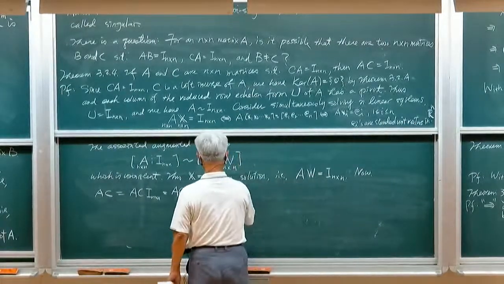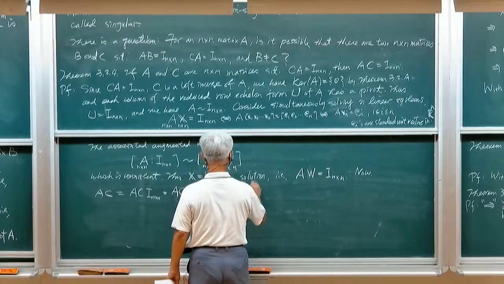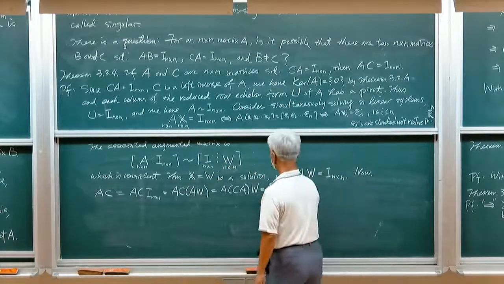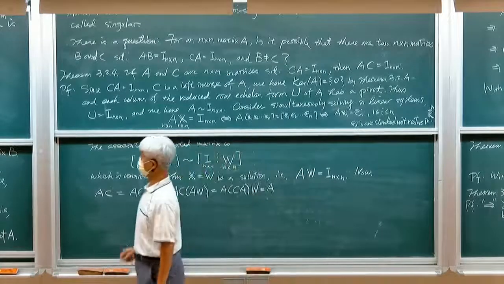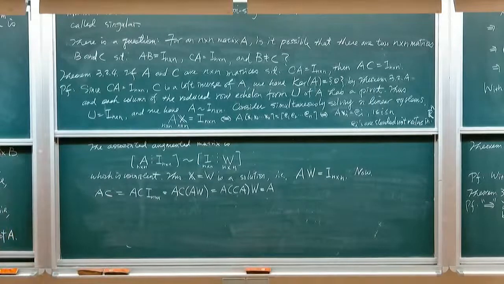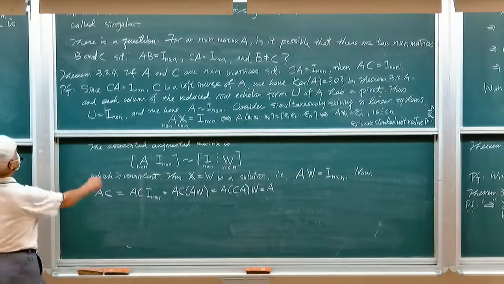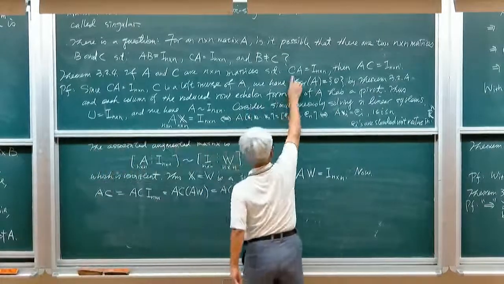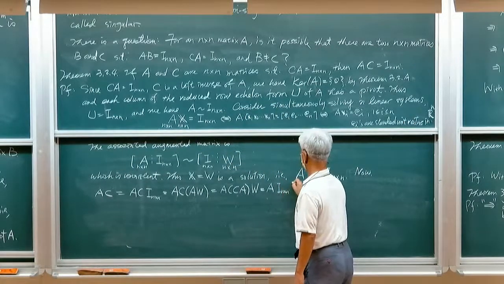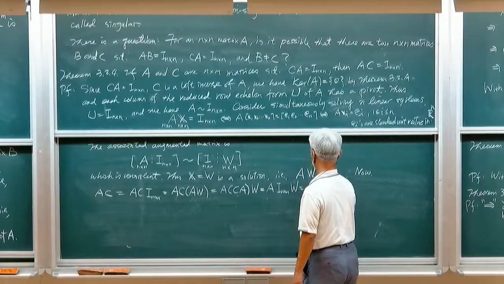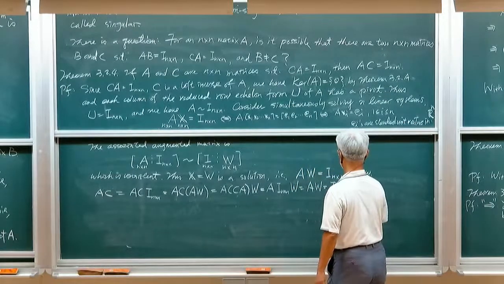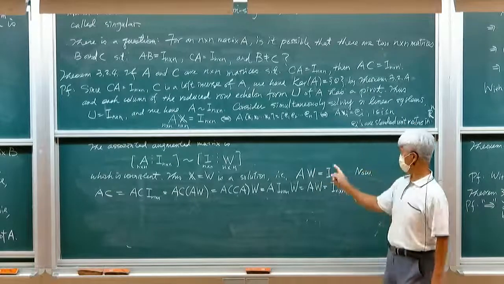And also we have ACAW, and because C is a left inverse of A, CA is identity. And this is AW, and AW is identity. And we have done. So AC is identity too.